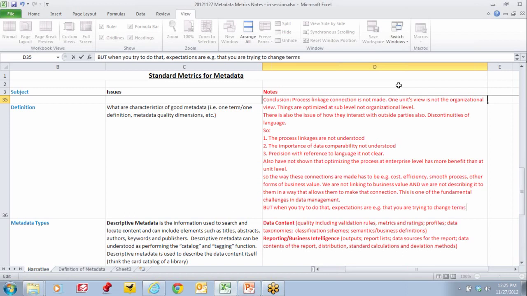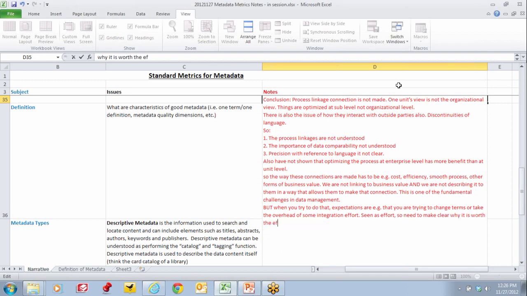Well, no, I think, right. So the way that you make these connections has to be linked to either cost containment, more efficient operations, smooth processes. So we've got to link this to business value.